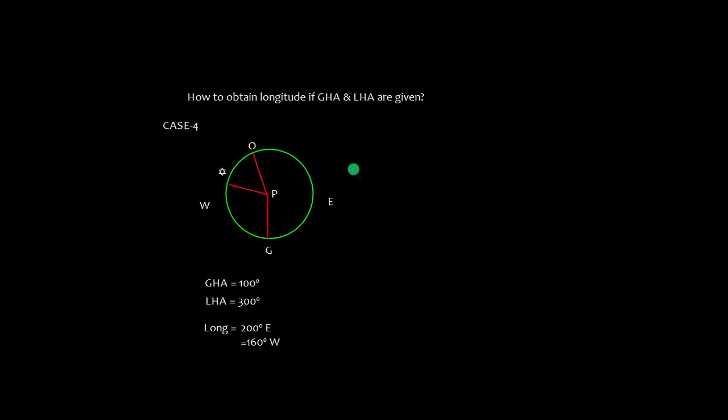Now if it is 200 degrees east, it is more than 180 degrees, so we have to subtract, we get 160, but the direction of east will change to west. So here we can have a look. Again let me mark here, this is your GHA, and let me mark LHA.